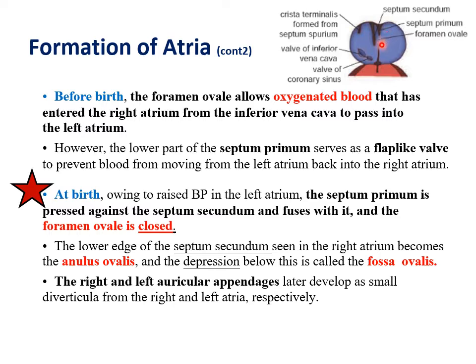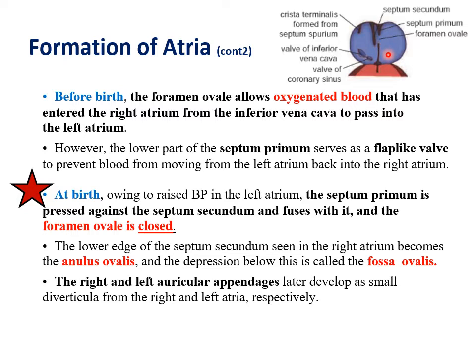So there will be complete separation of the right atrium from the left atrium, because the pulmonary resistance will fall. The lungs will be inflated, and the pressure in the left atrium will be more than in the right atrium, and so this foramen ovale will be closed.